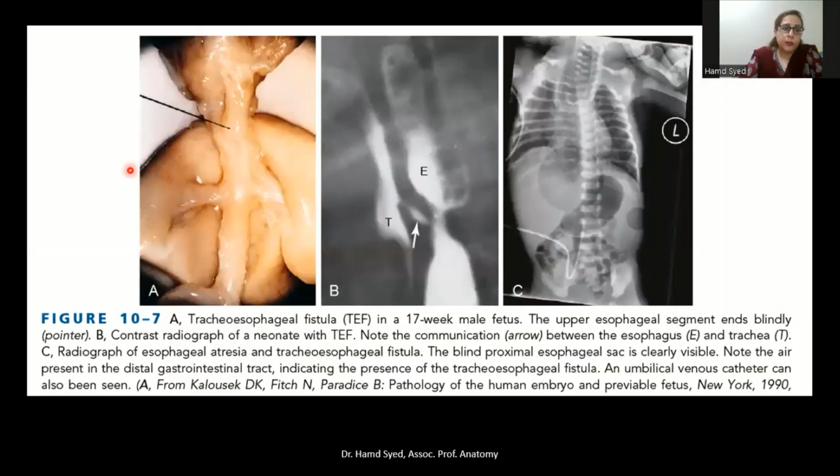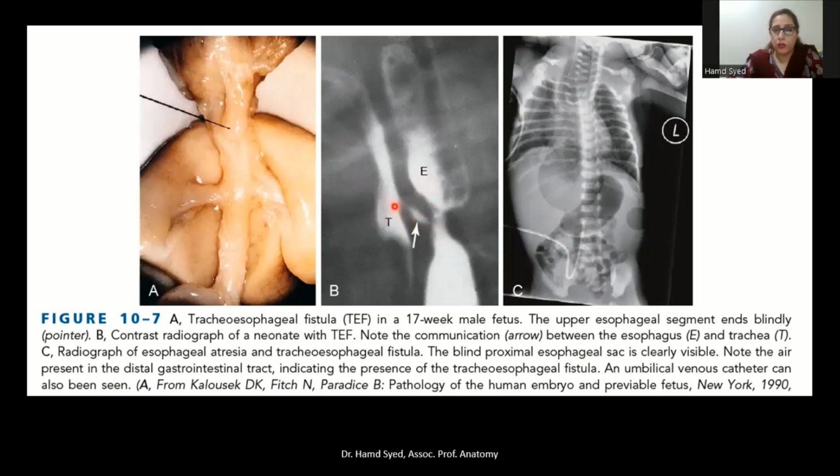Now let's come to the investigations that you could do in tracheoesophageal fistulae. Over here in diagram A, you can see the upper part of the esophagus is atretic, ending blindly. And let's look at B. B is showing us the radiograph of the tracheoesophageal fistula, and here the contrast radiograph is showing us the fistulous tract between the trachea and the esophagus.